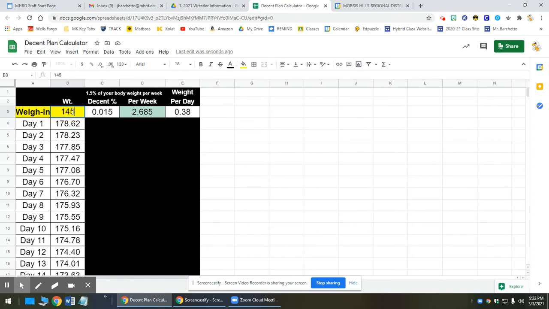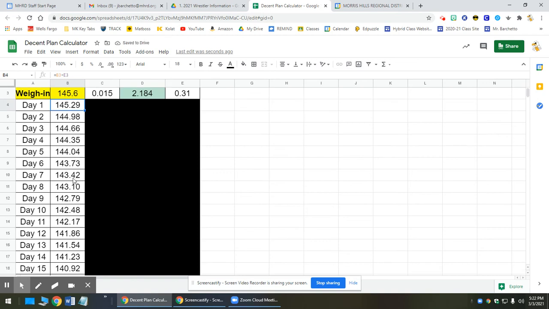Palacios, you weighed 145.6 today, I believe. If you look to get down to 142, it's day 12 after Roxbury. So that's why it's important that we're thinking about this right now, so we know exactly what we need to weigh.